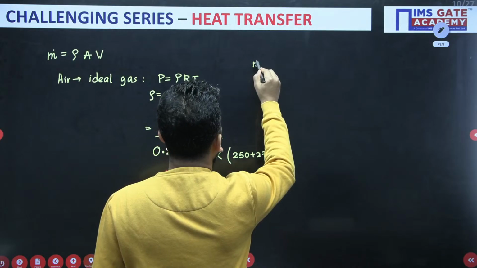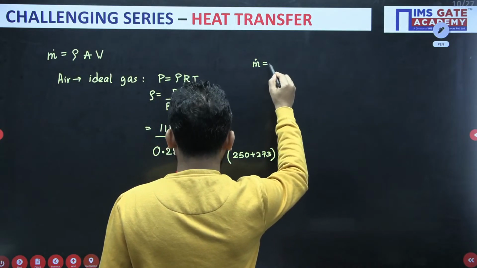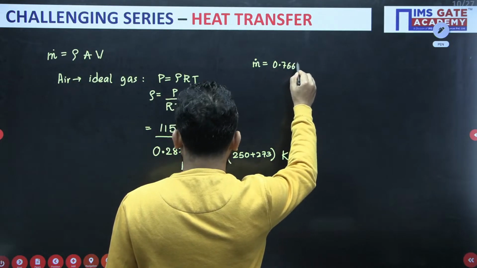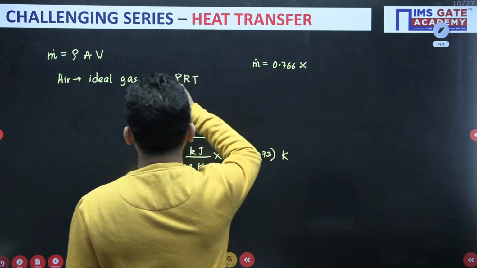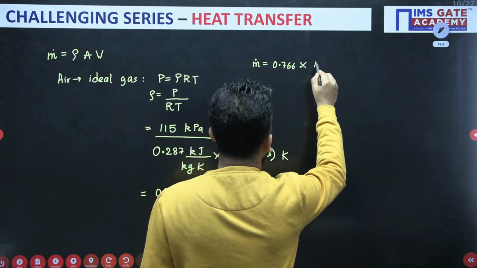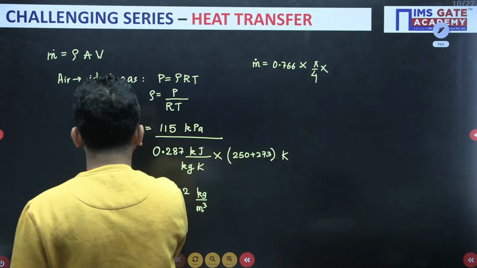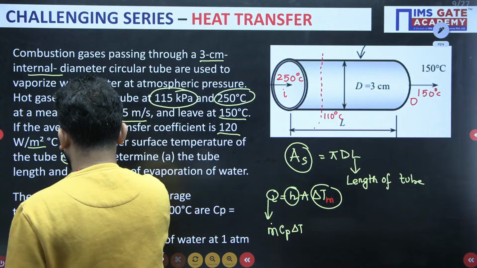So what is m dot? Rho is, area is the cross section area. What is dia? 3 centimeter.